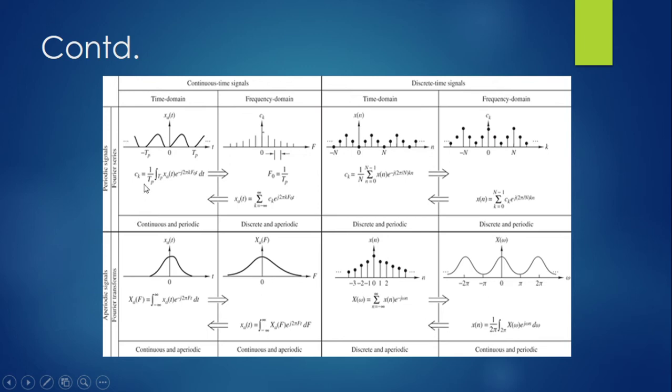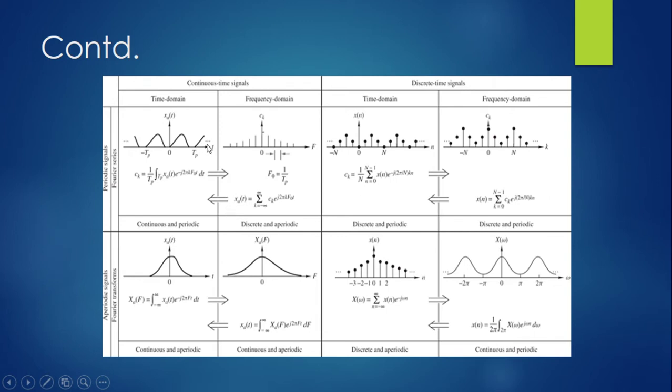Now, this is just brief for all these four signals with their Fourier analysis. In this, you can see the signal is continuous and periodic. The signal is continuous, and it is repeating itself. Their Fourier analysis has this equation, and this is its synthesis equation.